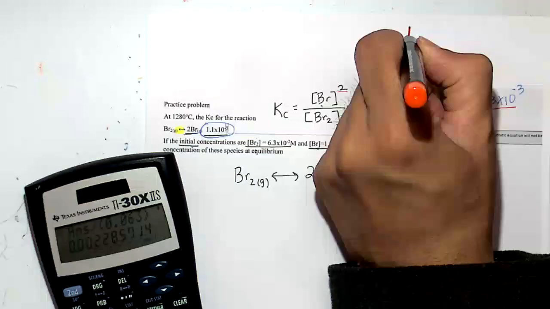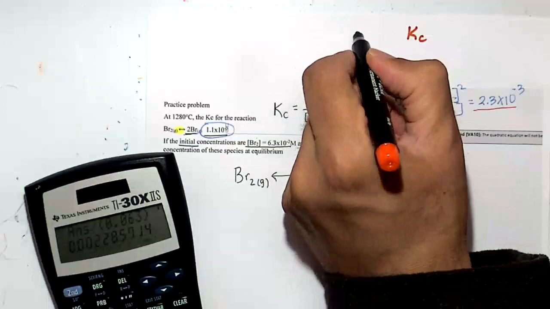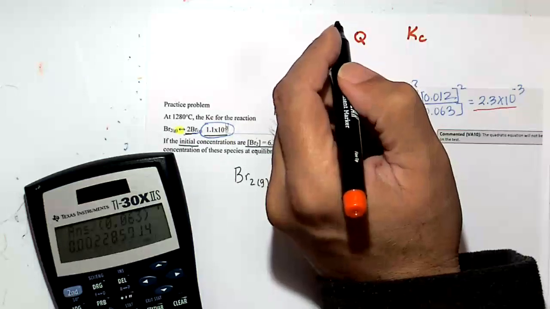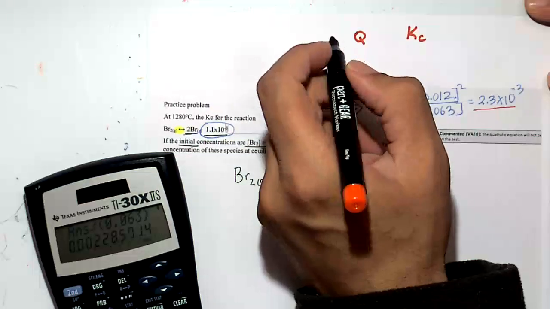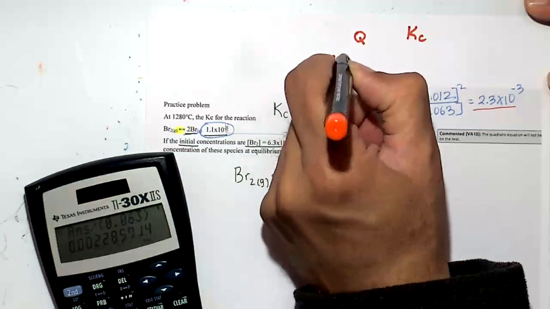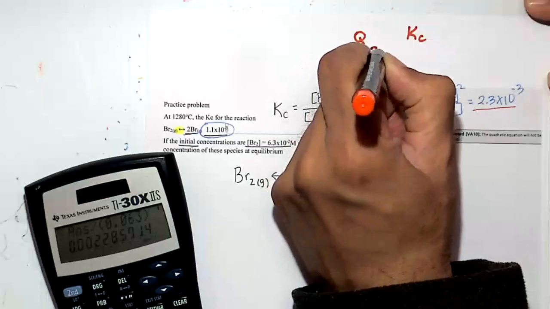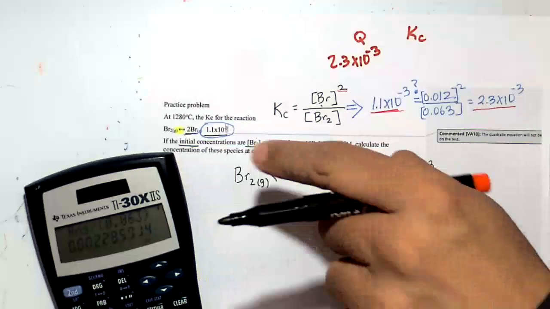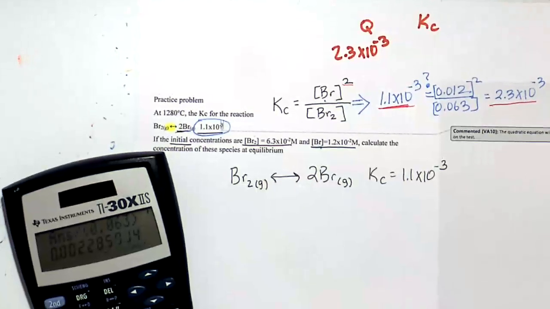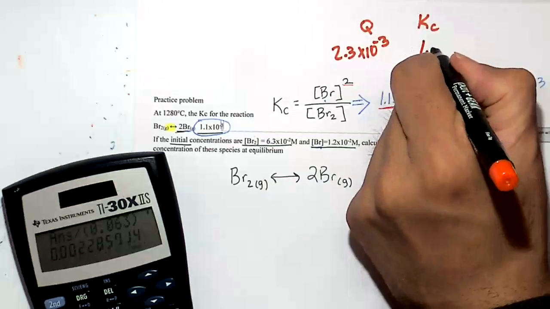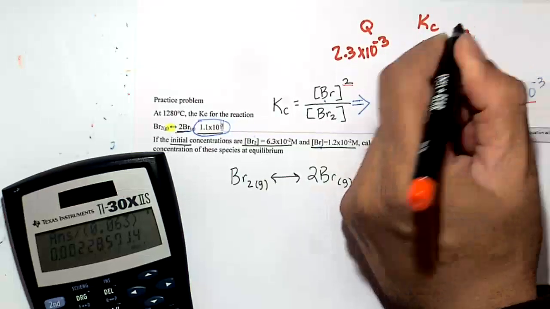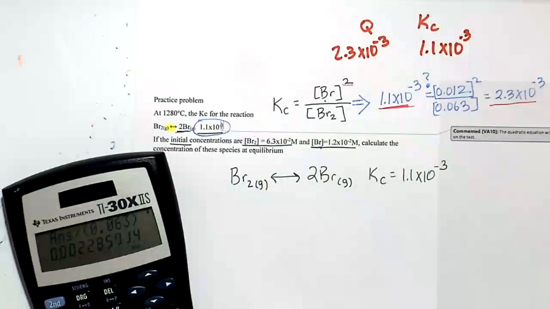We're going to put K second, and we'll put Q first in doing this gator rule. So Q is 2.3 times 10 to the minus 3. Kc is given to us in the problem as 1.1 times 10 to the minus 3. And which is greater, Q or K?